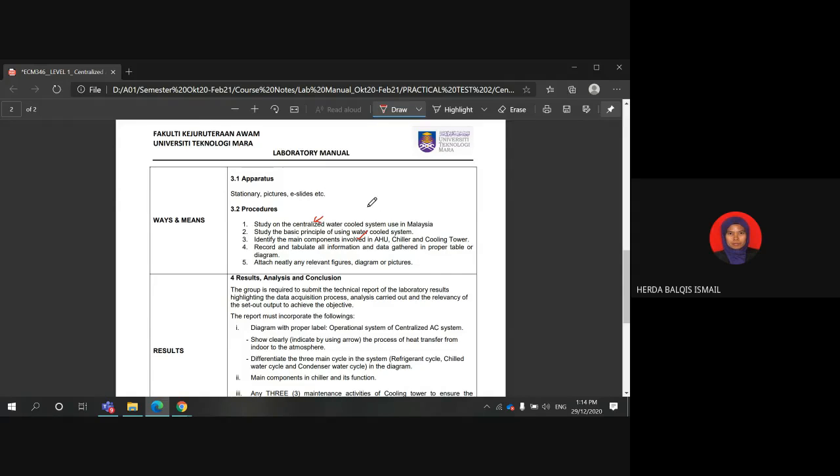and also the water-cooled system. When we talk about air and water, basically this is the medium used to cool the condenser.